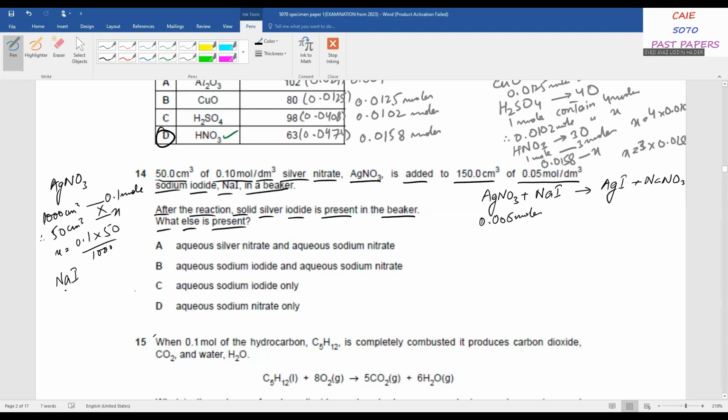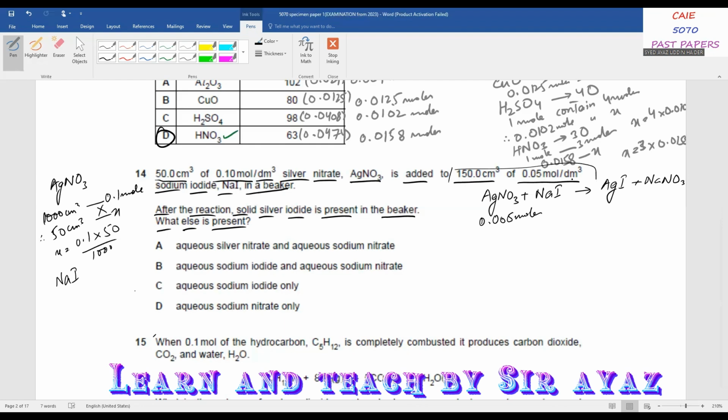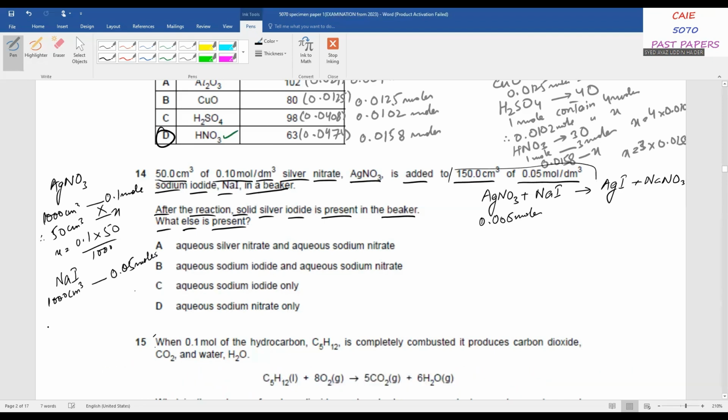Now let's calculate the moles for sodium iodide, NaI. According to the information, 150 centimeter cube of 0.05 mole per dm cube of sodium iodide is reacted. So 1000 centimeter cube contains 0.05 moles. Therefore, 150 centimeter cube contains X moles.